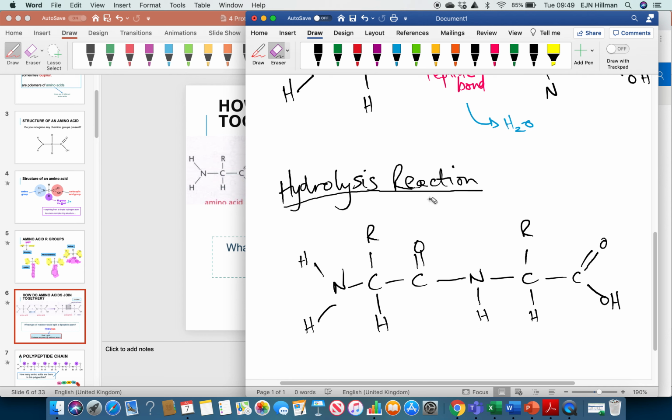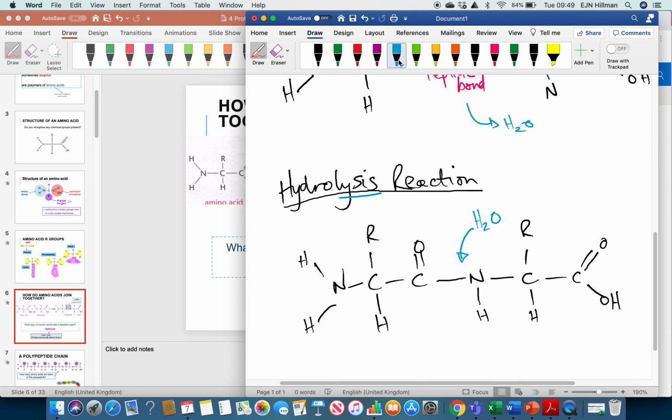Okay, so with a hydrolysis reaction, lysis means to split with water, so we need to add water in this time. So water is going to be added into this molecule to separate them into 2 separate amino acids.